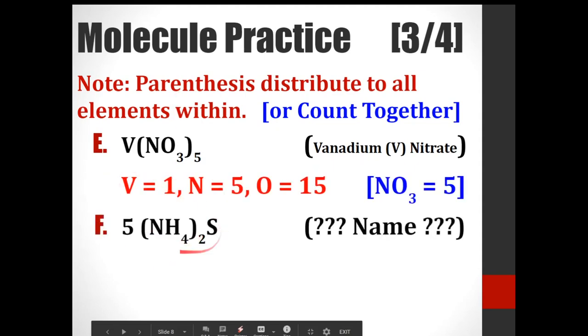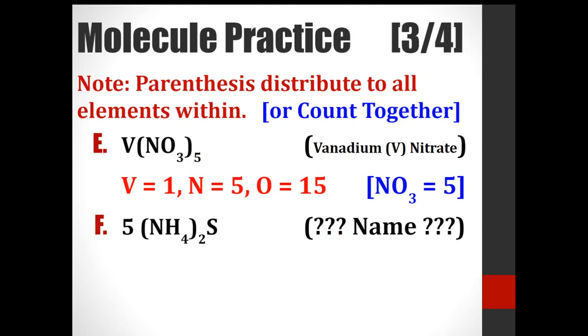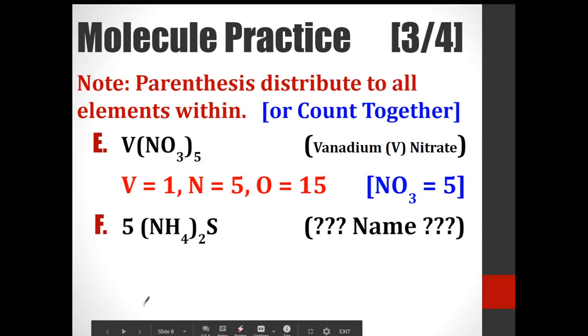So if I have this, I would like you right now to break down how many N's, how many H's, how many S's are there, and can you name it? I'll give you a minute to do so. Let's break down the N's real quick. We've got nothing immediately next to it.